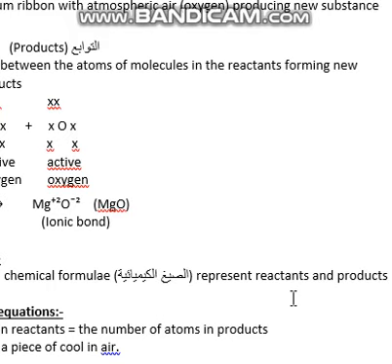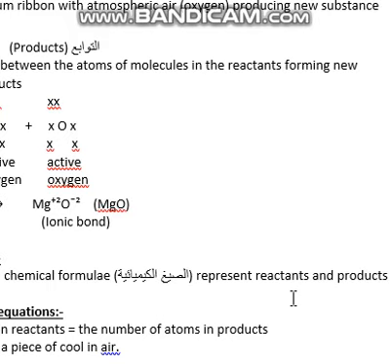The bond between the two atoms of oxygen is called a double covalent bond, explained in the first lesson about chemical bonds and the kinds of chemical bonds. This double covalent bond breaks into two active oxygen atoms.